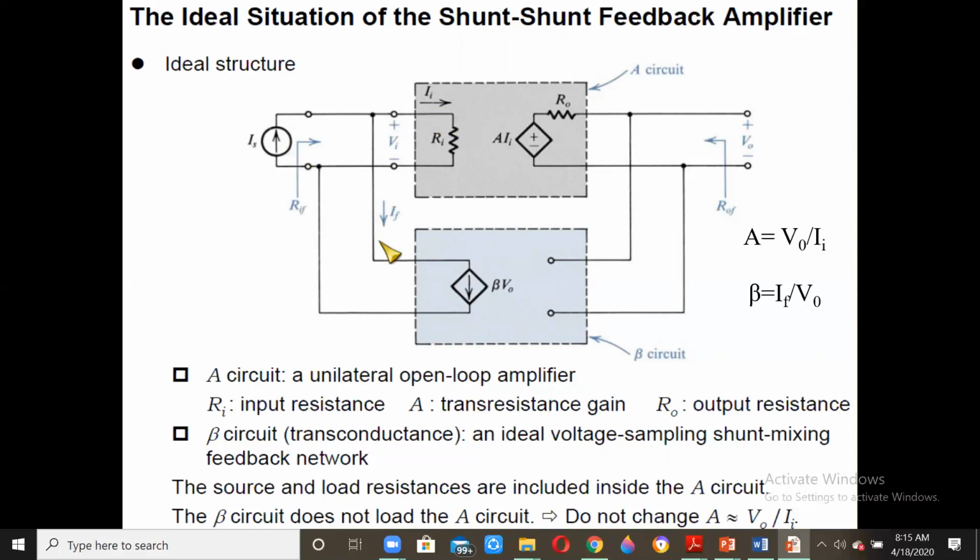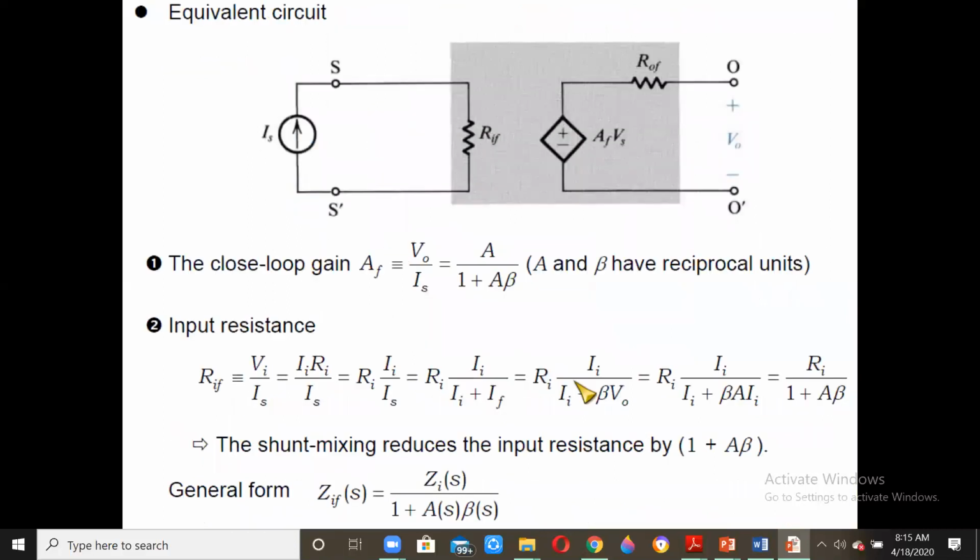Therefore, IS is equal to II plus IF. That can be replaced over here, and IF itself is beta V naught. And V naught is equal to A II, so II is common, and II cancels in numerator and denominator. Therefore, we are left with RI by 1 plus A beta.